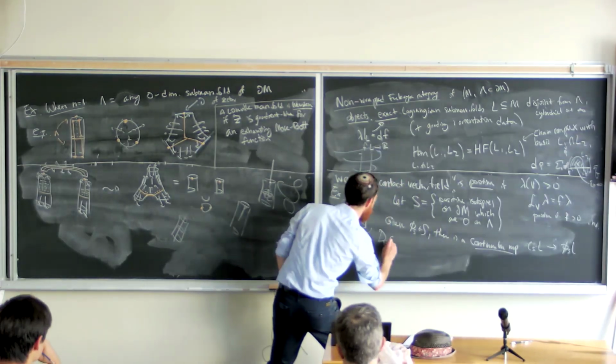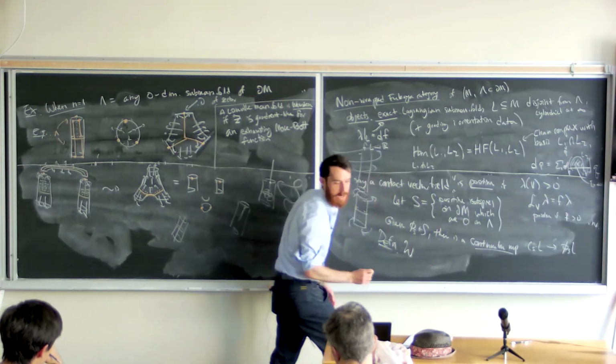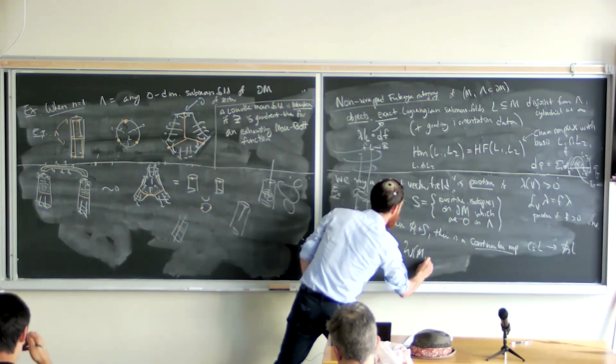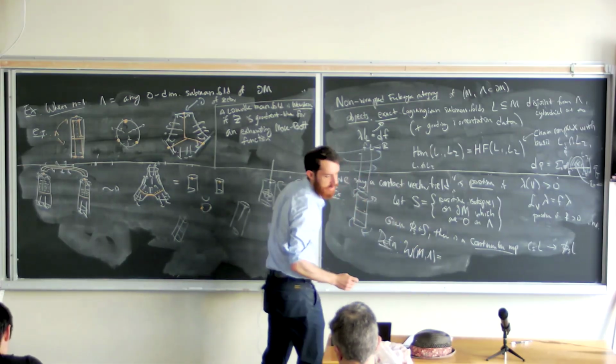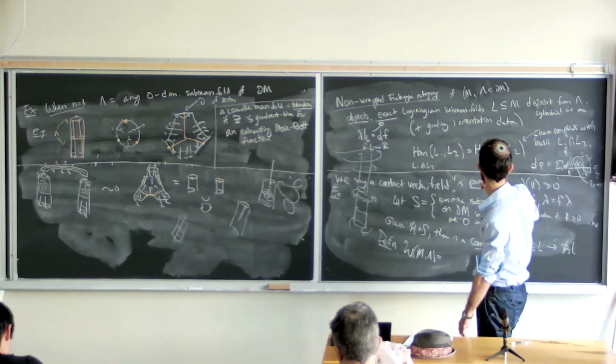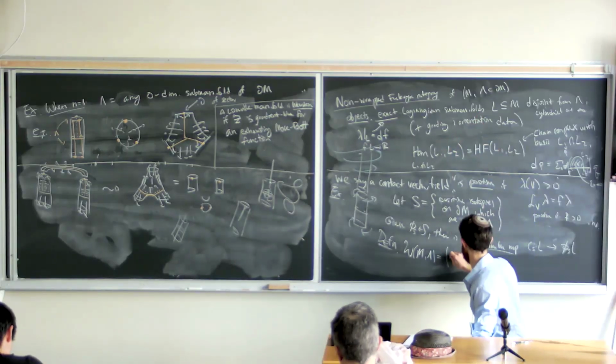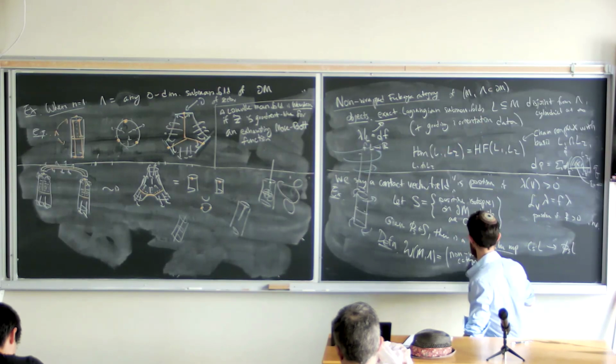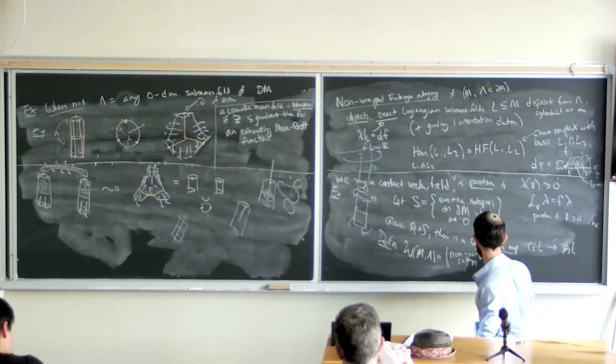And then finally the wrapped Fukaya category. So now I can give a definition of the wrapped Fukaya category. The wrapped Fukaya category of M is obtained by taking the non-wrapped Fukaya category and inverting all of these continuation maps.